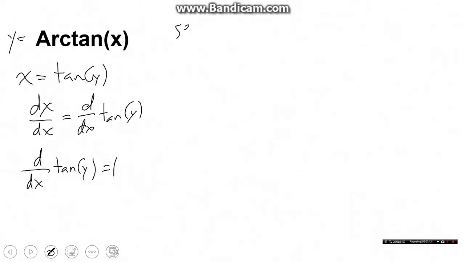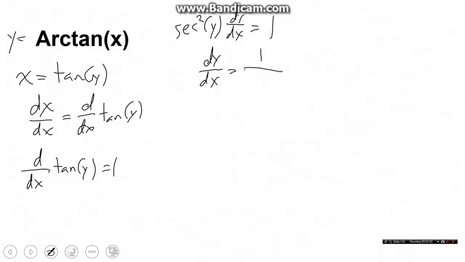So the derivative becomes secant squared of y. And of course, don't forget the chain rule, dy over dx. That equals 1. And we're going to divide both sides by secant squared y, leaving us with dy over dx equals 1 divided by secant squared y.